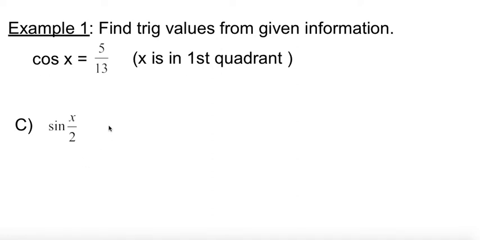Alright, so let's come over here and let's look at the sine of x over 2. So the 1/2 of x. The half angle for sine is going to be plus or minus, and the formula says 1 minus the cosine of x.